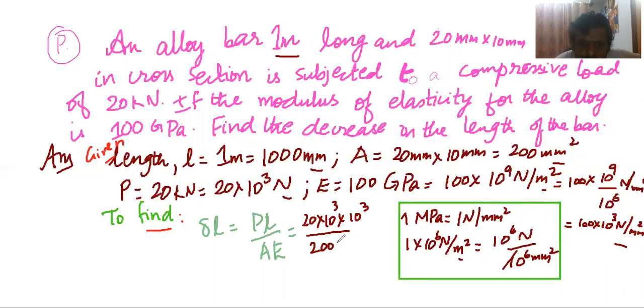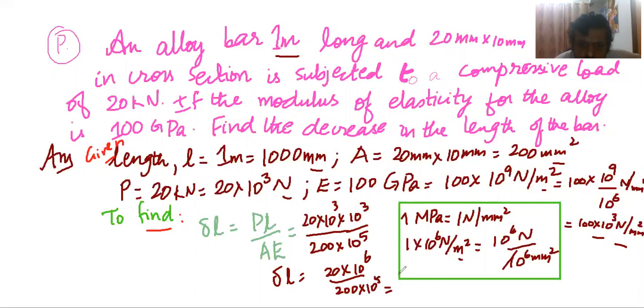So into 10 power 3, 10 power 3 into 100 is 10 power 5. So that will be delta L equals 20 into 10 power 6 upon 200 into 10 power 5.